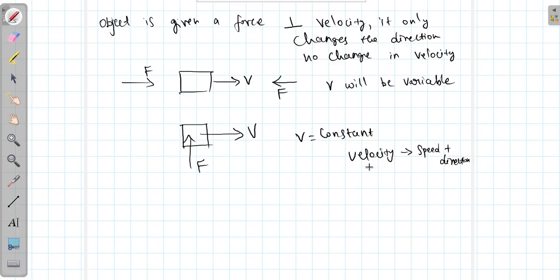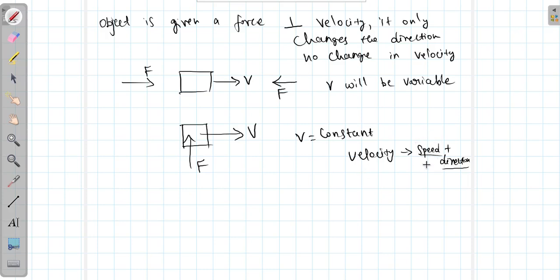So that we should understand. Whether speed is changing, or direction alone is changing with speed kept constant, that is also a change in velocity. Any one of these two quantities changes, the velocity will change.